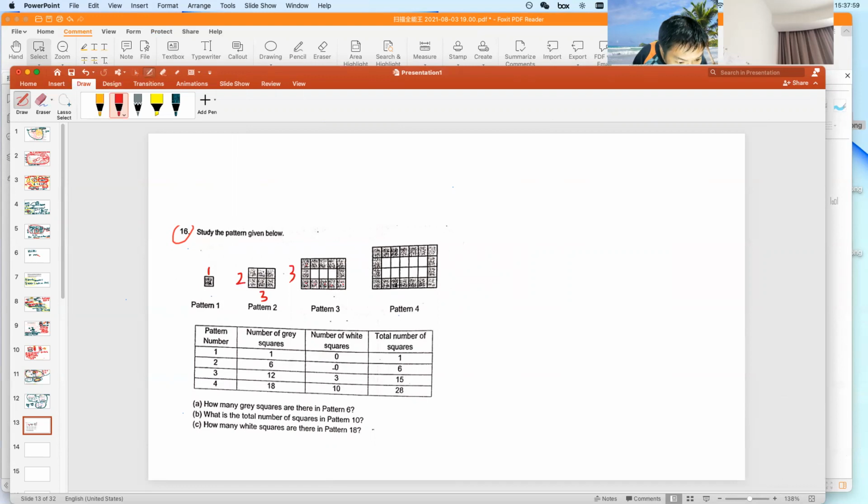Wait, hold on. I'm also trying to identify the pattern. This is the pattern. Okay, number of gray, number of white, and total number. Okay, good. So this is 4 times.